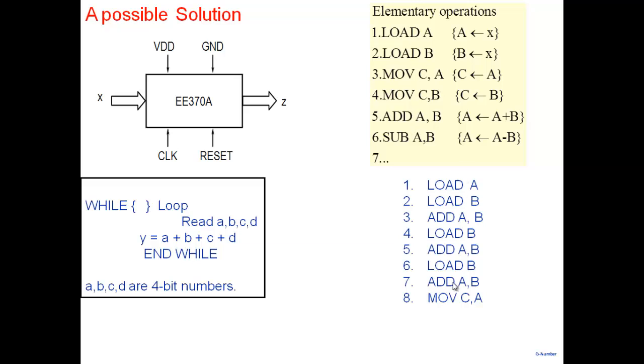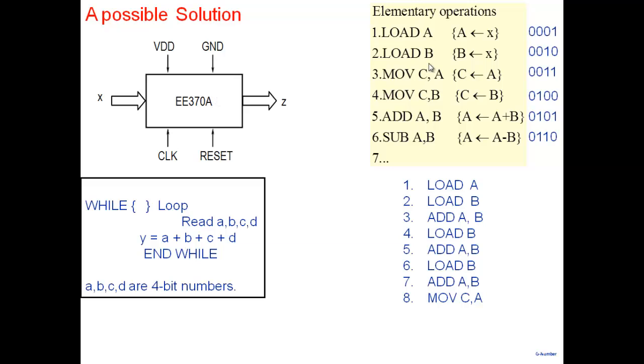In some order, you can repeat them as many times as you like, any of these operations. So you can express your solution in terms of these elementary solution steps. So it makes sense. All that I need to do is design my IC such that it can do these things.